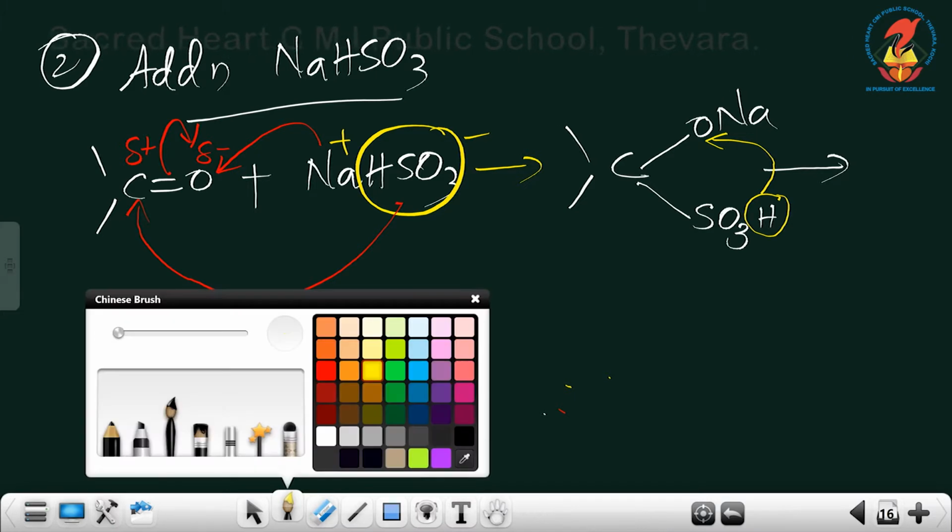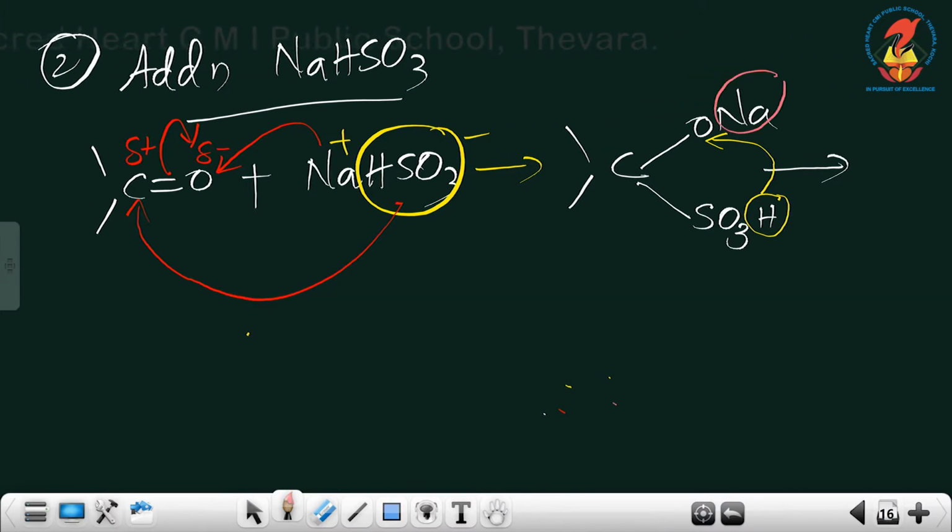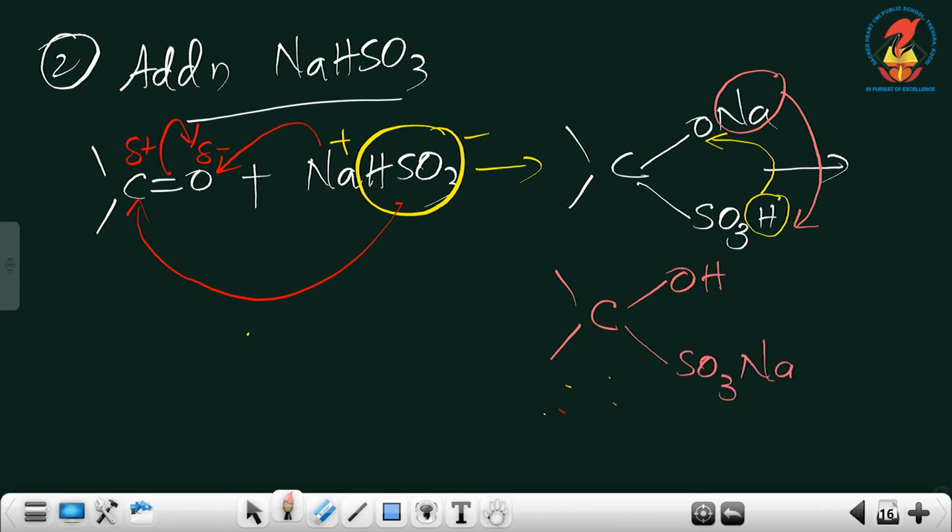At the same time, Na plus from here will come to here. So how will it be? No change. ONa will become OH and SO3H will become SO3Na. So remember, in the case of the addition of sodium bisulfite, the second step is only proton transfer.